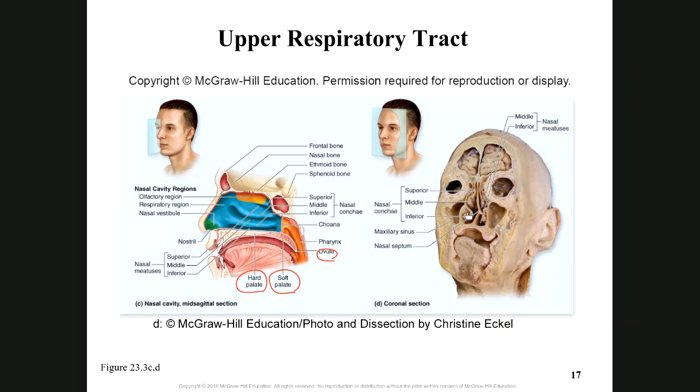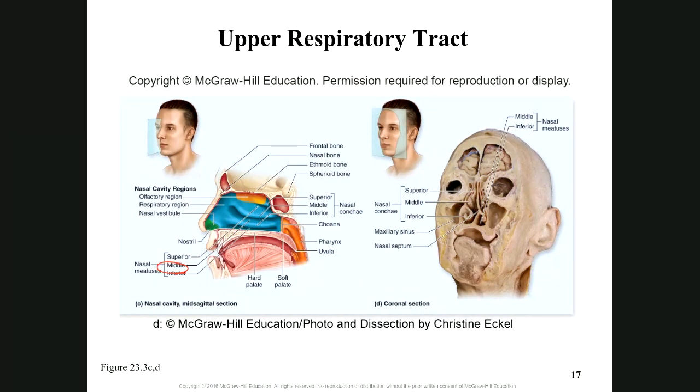Between the concha, as you see here, you have some ways. These are called meatus. Between the superior and middle nasal conchae, we have the superior nasal meatus. Between the middle conchae and the inferior conchae, you can see the middle nasal meatus.